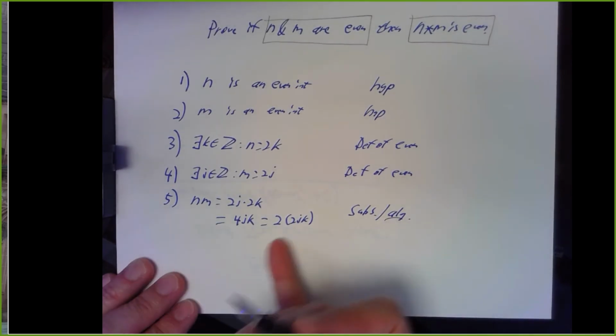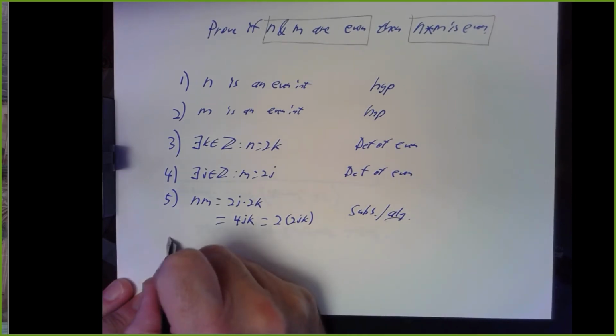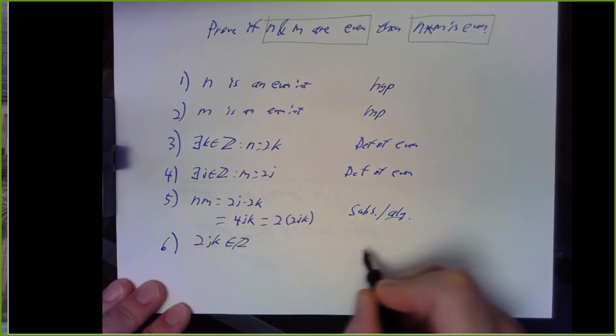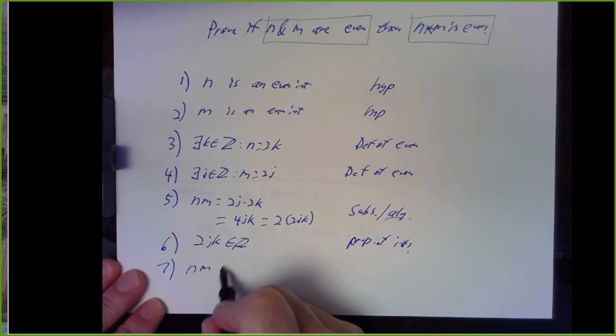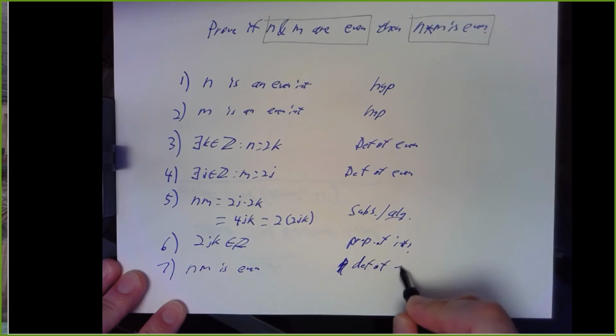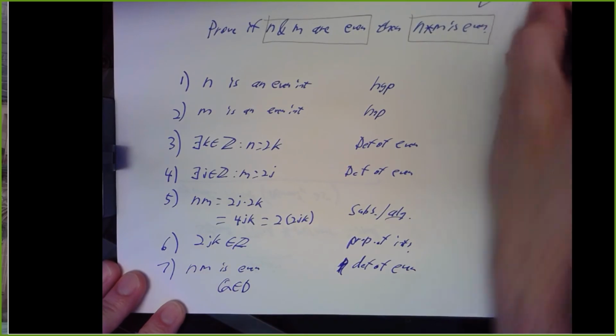And so we've written n times m equals 2 times something, and what can we conclude from that, right? We can write 2jk as an integer, properties of integers. Now we've shown absolutely that n times m is 2 times an integer, which means n times m is even. And that's the definition of even. And that's what we were trying to show. n times m is even.